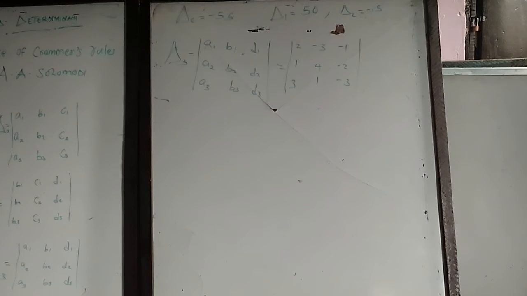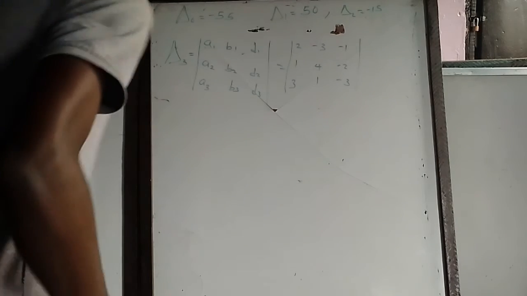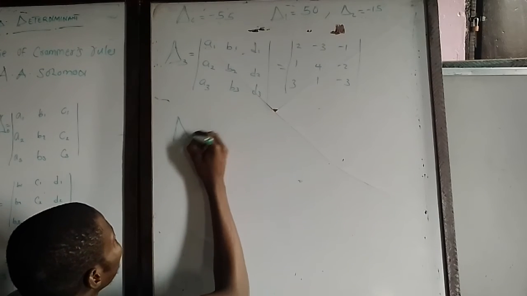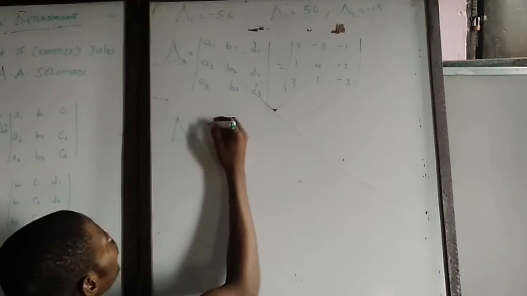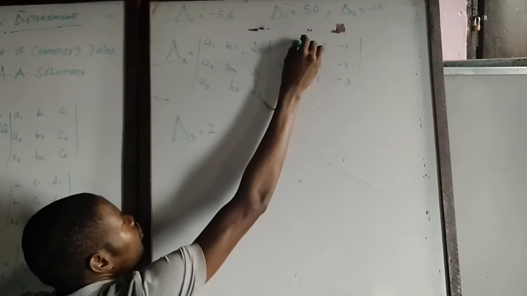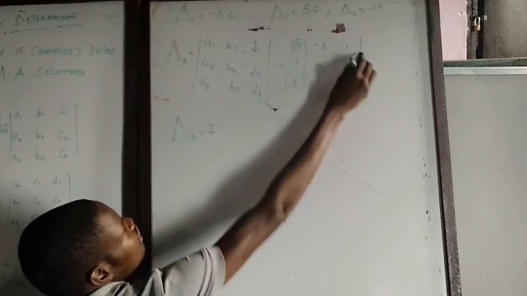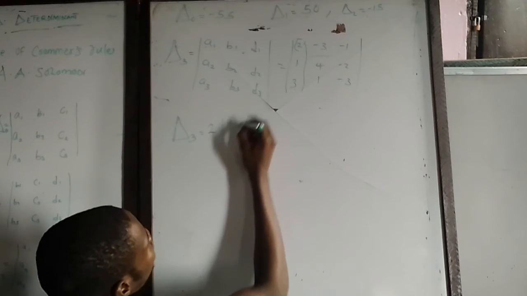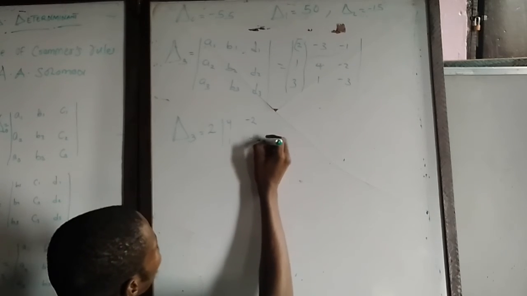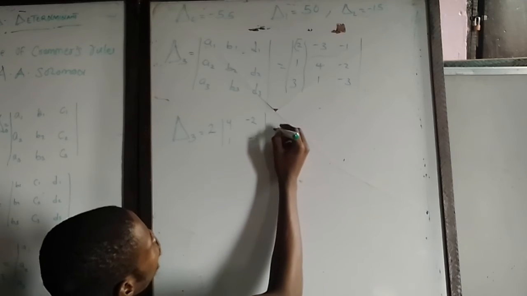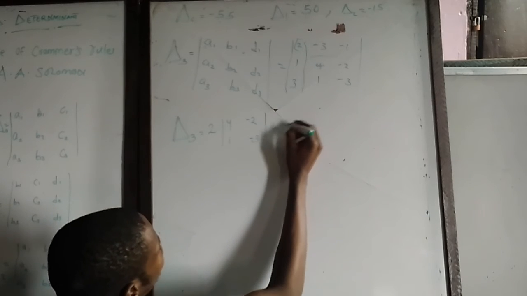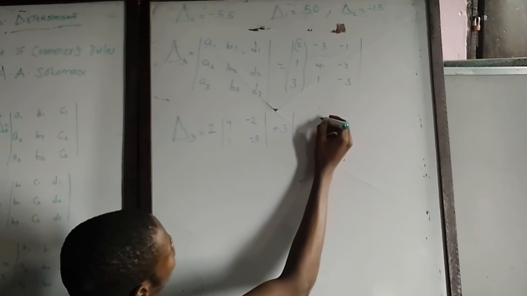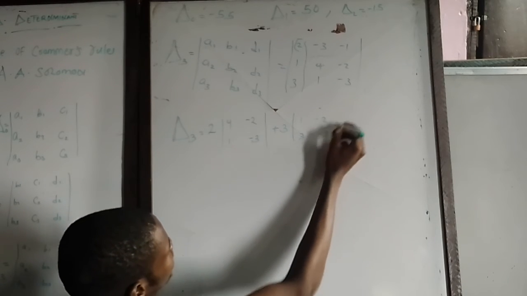So now we want to solve for D3. Our D3 is equal to 2. We are having this and this: 4, 1, minus 2, minus 3. So we have plus 3. You are going to have 1, 3, minus 2, minus 3.